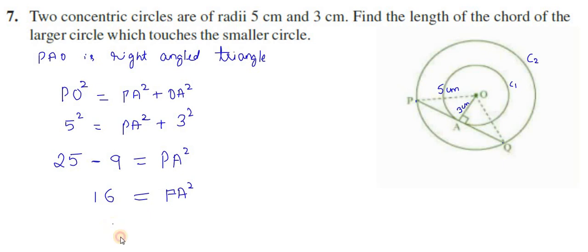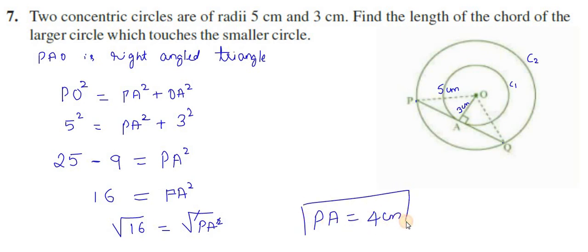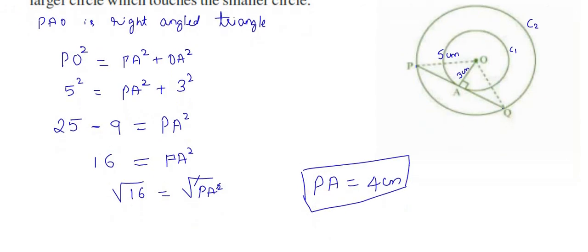Then the square root of 16 equals the square root of PA square, taking the square root on both sides. The square and square root get cancelled. Therefore PA equals 4 centimeters. So our PA value is 4 centimeters.